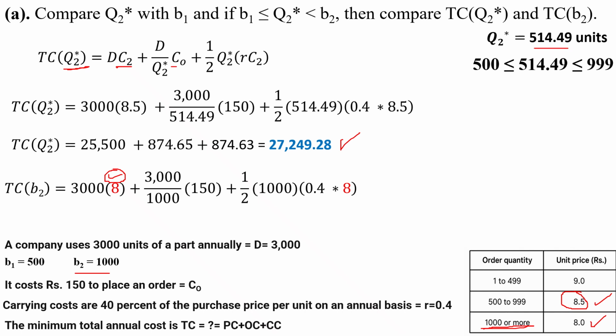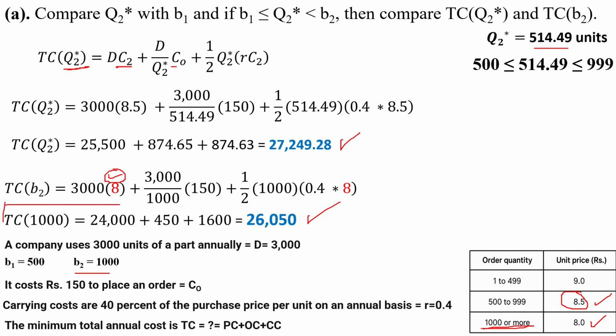Anyhow, the total cost for the B2 quantity equals 3000 into 8 plus 3000 divided by 1000 into 150 plus 1 by 2 into 1000 into 0.4 into 8, which equals 26,050. So among these two, the minimum total annual cost is 26,050 rupees for the B2 quantity, that is, the 1000 quantity.